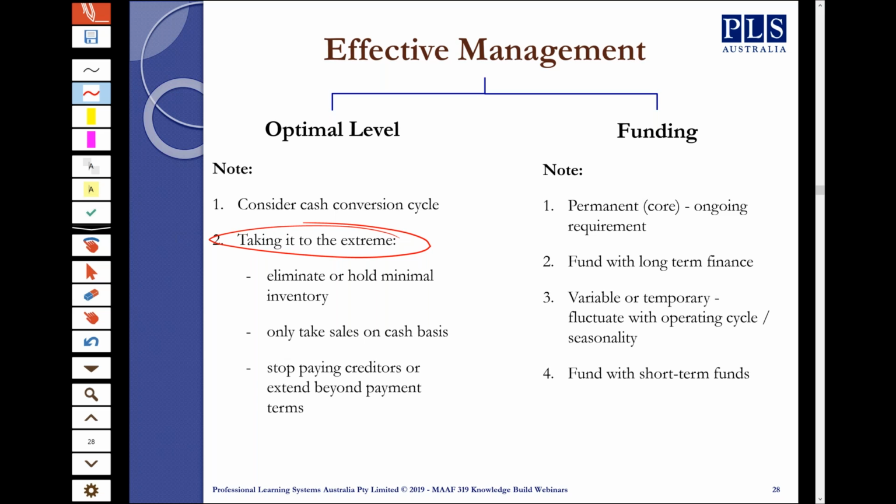They also at this point link it across to your funding type area, and they do make the observation that with respect to working capital, there's permanent working capital, and then you've got variable or temporary. So note they talk about with permanent, you would fund with long-term financing. With your variable or temporary, so this should fluctuate with operating cycles, you should fund that with short-term.